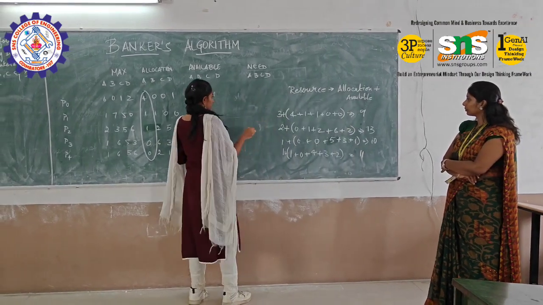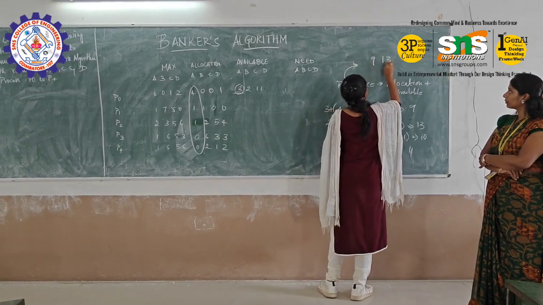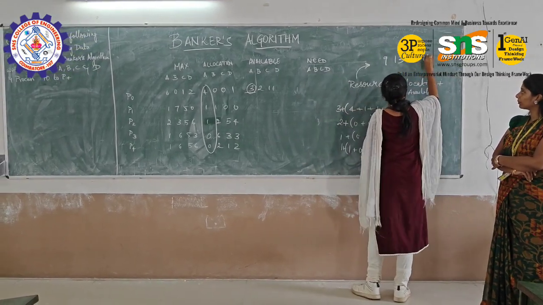So as we solve the resources, we will finally get the answer as 9, 13, 1, 0, double 1.